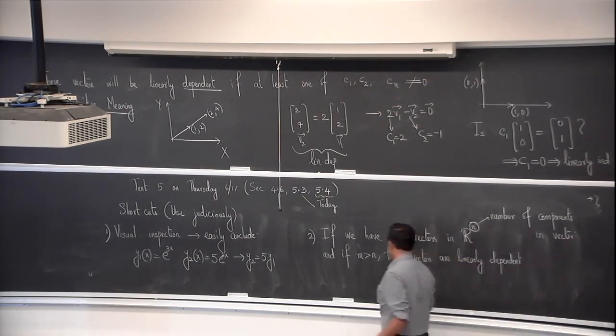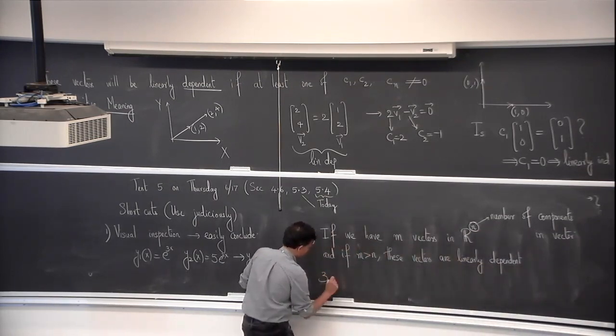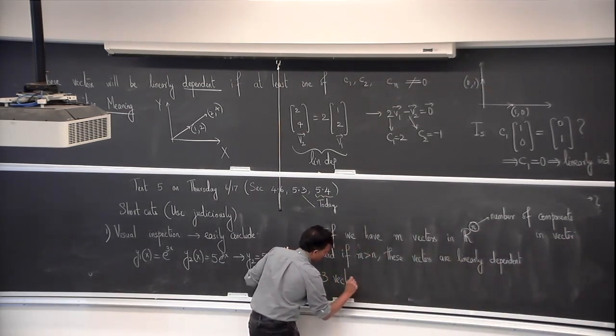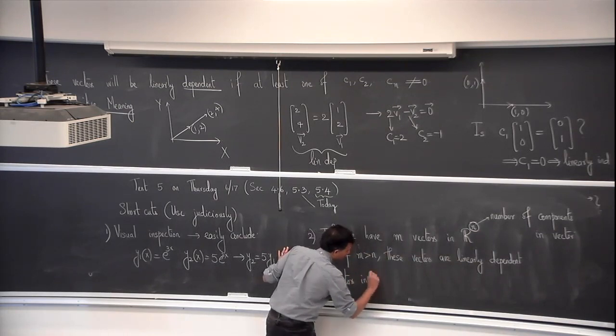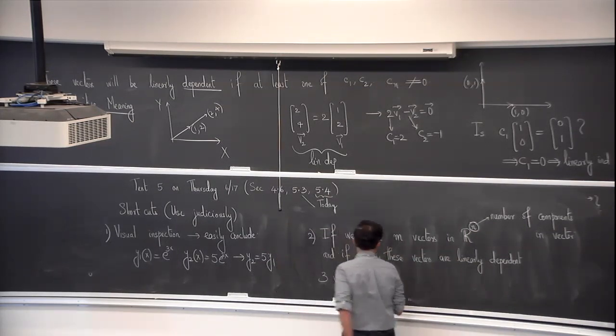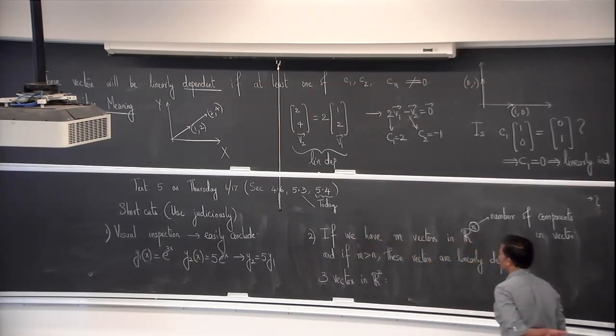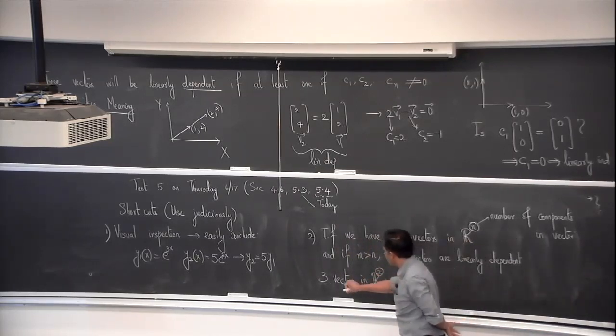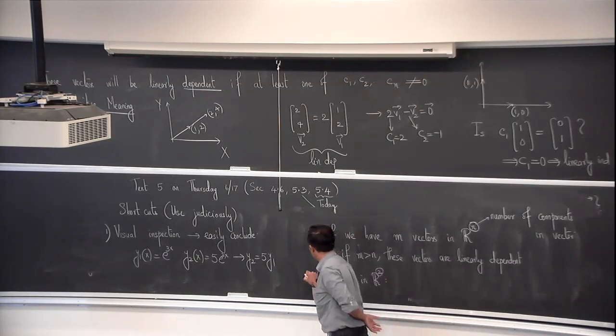So, for example, if you have say 3 vectors in R2, this is n equal to 2, that is m equal to 3.